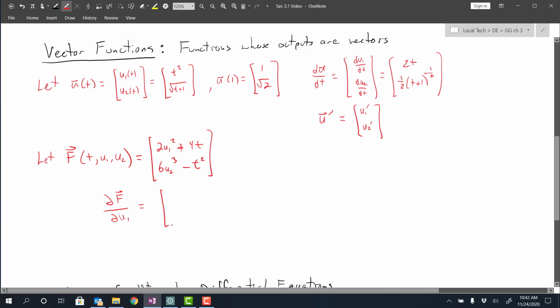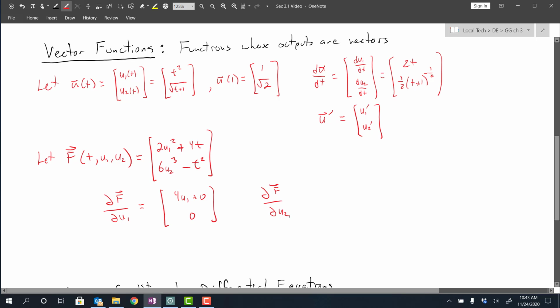I'm just going to take the partial with respect to u1 of each of the components. In this case, I would get 4u1 plus 0 and 0 in the second component. So I would just get 4u1, 0 as the vector. And certainly I could do the same thing with the other inputs. So I could look at that one if I want as well.